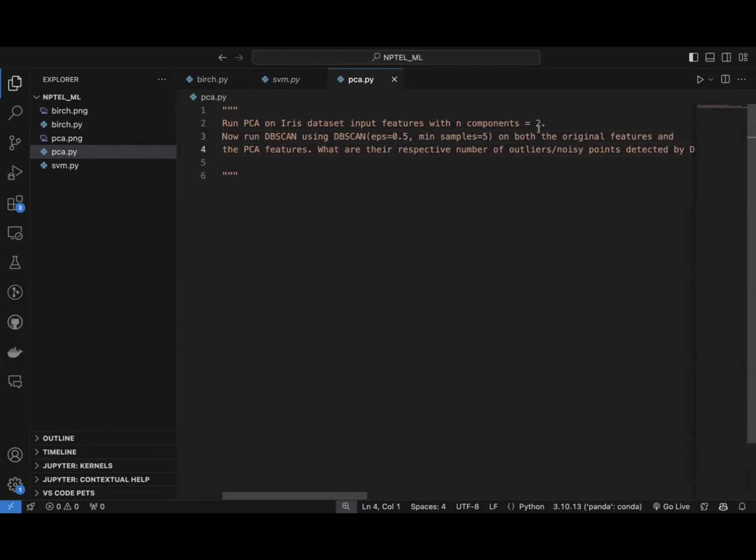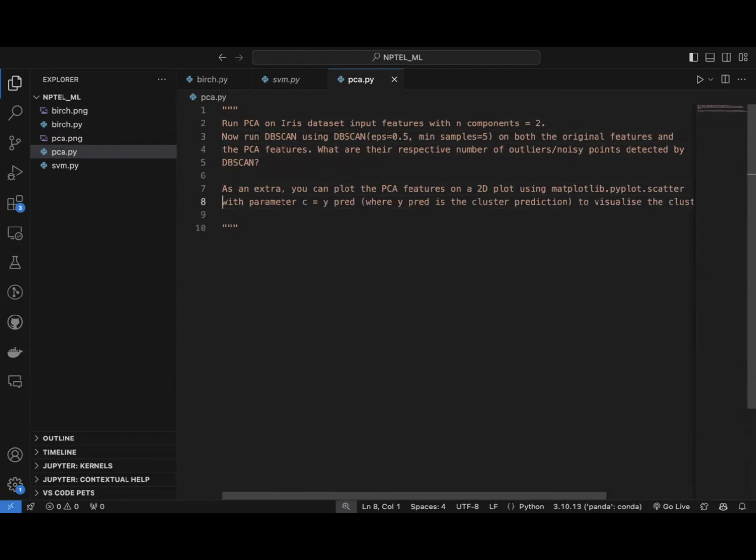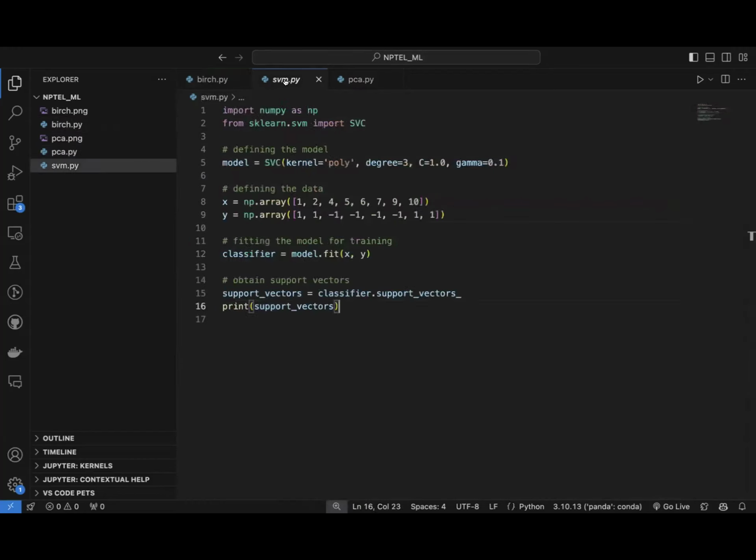And the PCA features are the number of points detected by DBSCAN. As an extra, you can plot the vector, the cluster outliers. Okay. So first we need to do the same that we did in the last thing.